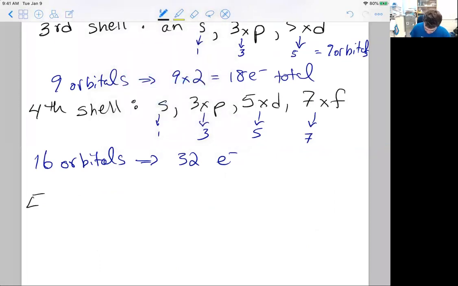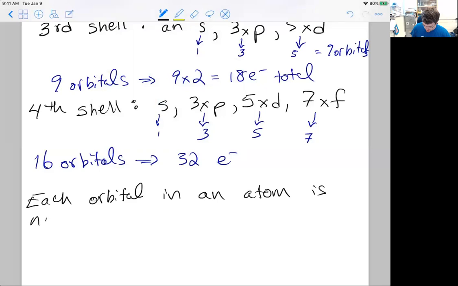Okay, so what we can do is actually name these orbitals. Each orbital in an atom is named based on its shell and orbital type.